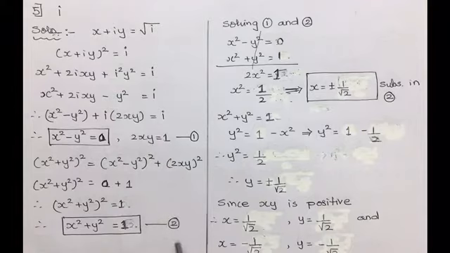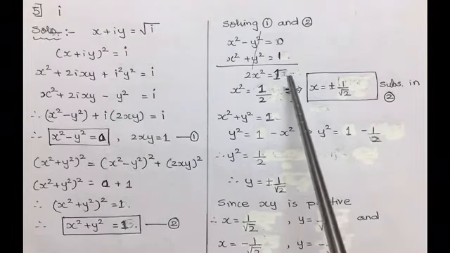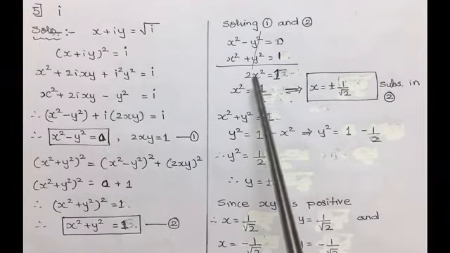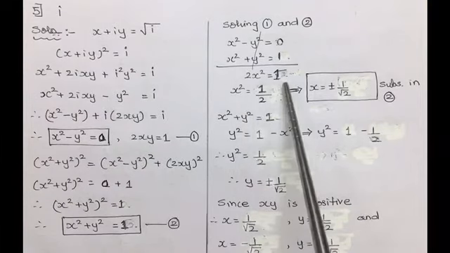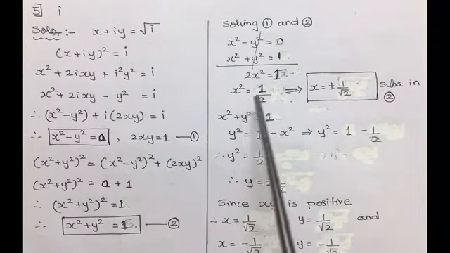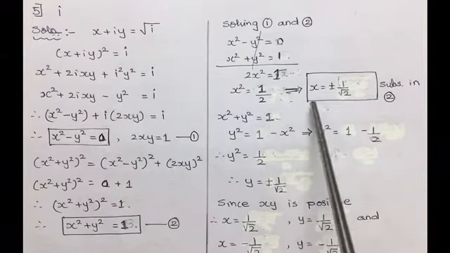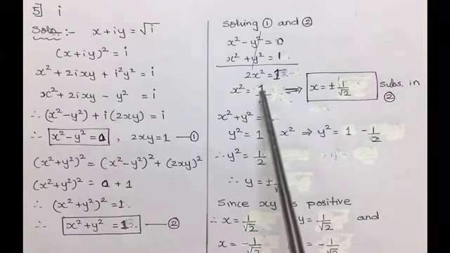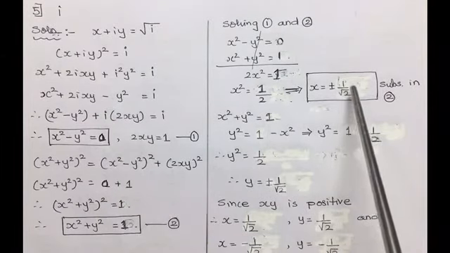Now solving 1 and 2 by elimination, we'll get 2x square will be equal to 1. X square will be equal to 1 by 2. And calculating the value of x makes it plus or minus 1 by root 2.